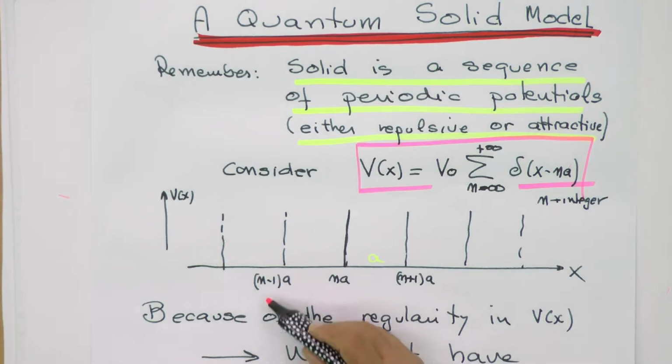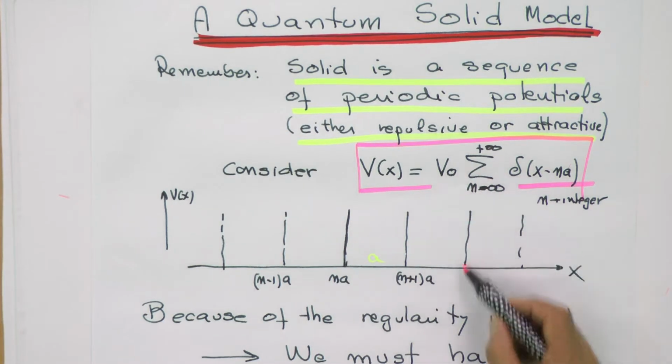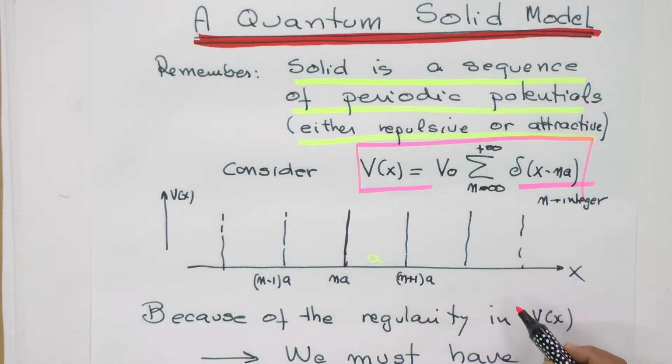So we have this sequence: n minus 1 A, n plus 1 A, n plus 2 A, n plus 3 A, and so on.